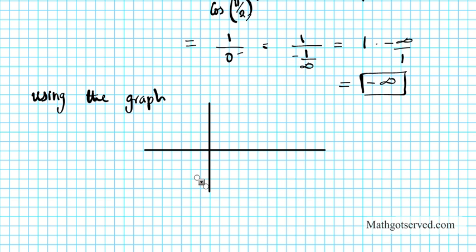I normally generate my graph of secant using cosine, since secant is the reciprocal of cosine. I just sketch my cosine graph, and then I use it to draw my secant graph, okay? So let's just say this is pi over 2, and this is pi, right here.